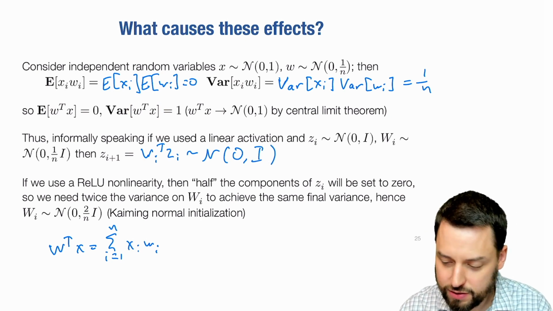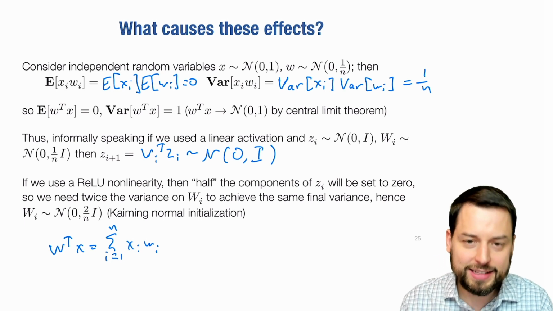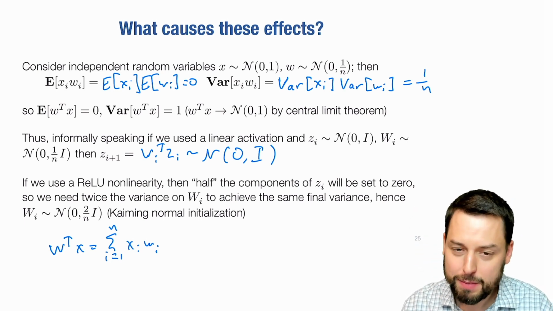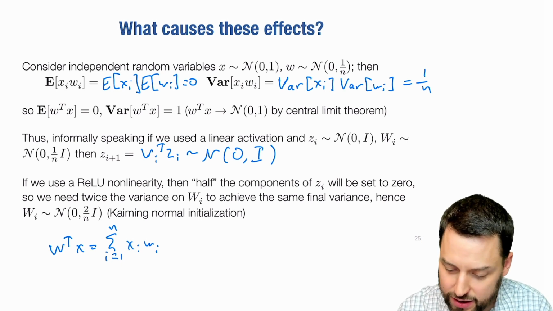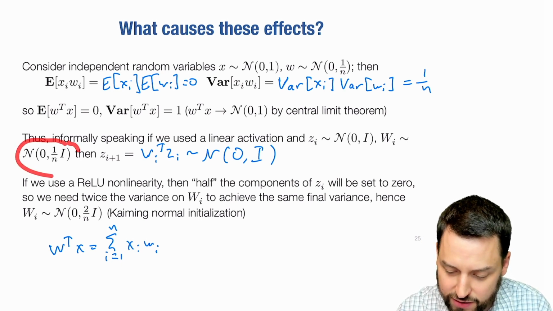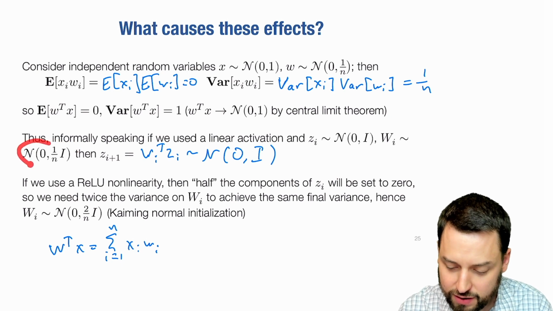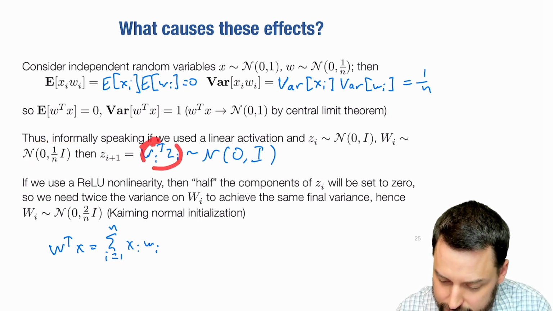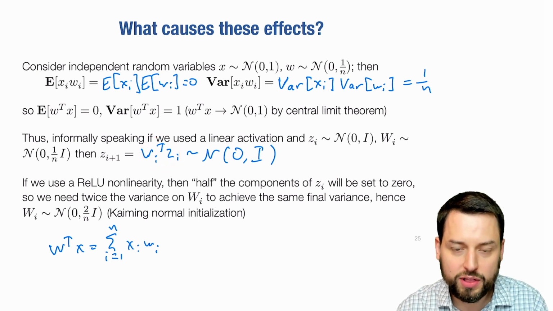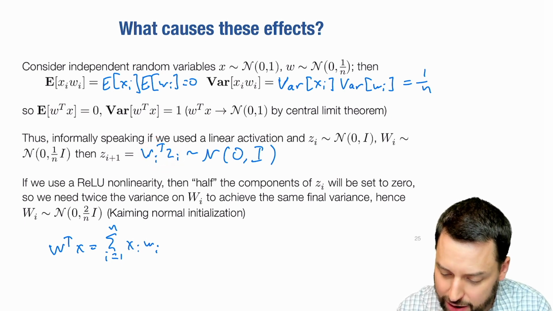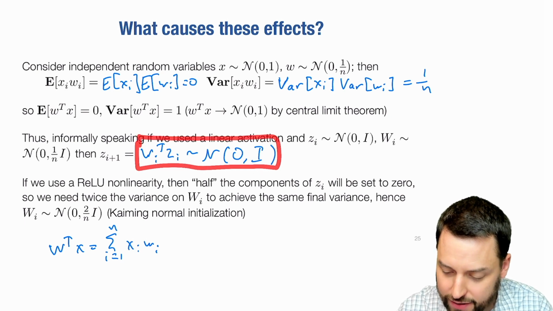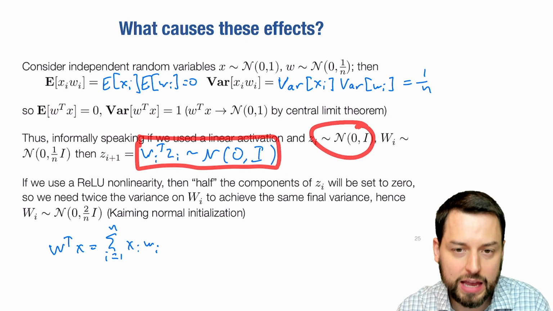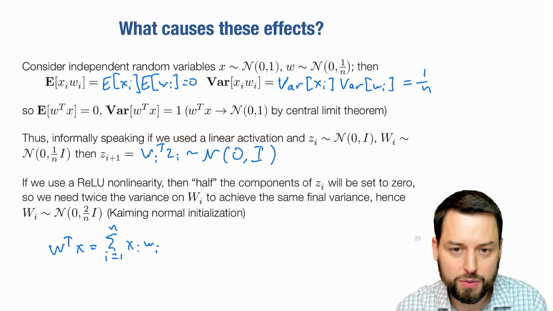And this is really the important point here. This is probably, in some ways, as deep as the probability we're going to get in this course. But the point is that if you pick this value of the covariance and you have a linear layer, so a layer with no nonlinearity, then this next linear layer would also be a random variable with the same mean and covariance as our input.